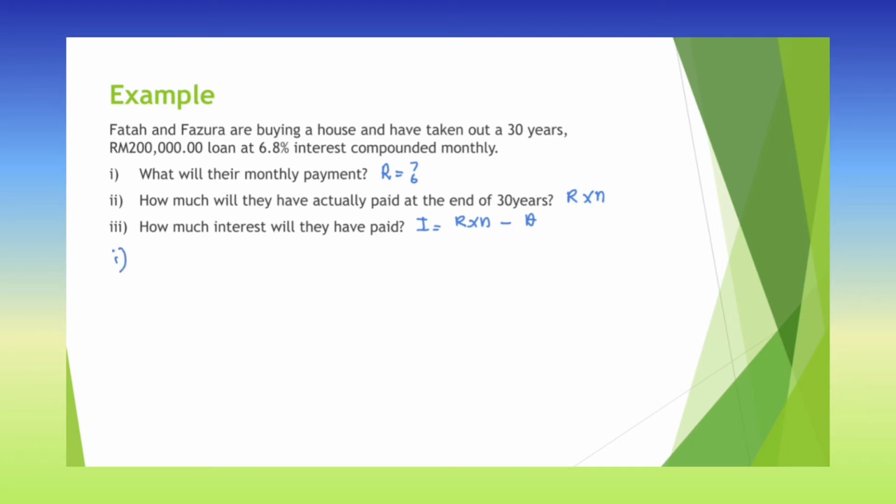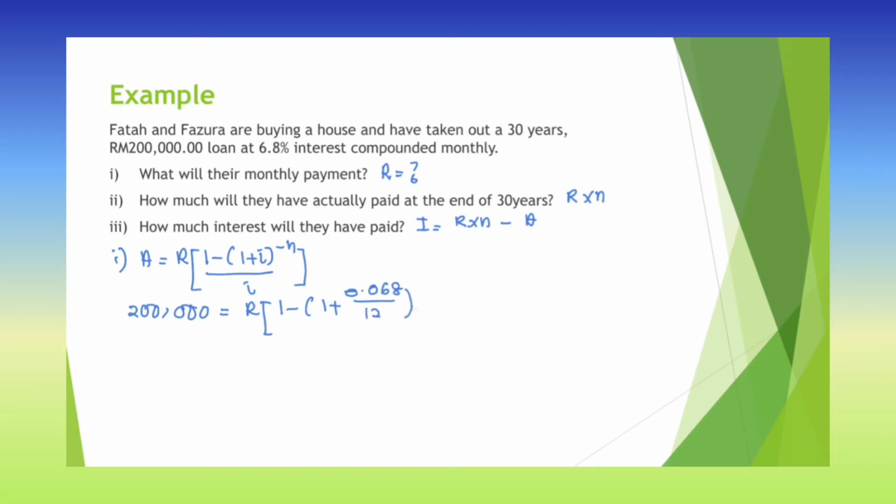Okay. So let us calculate. For question number 1, we are going to use the formula A equal to R times 1 minus 1 plus I to the power of negative N over I. So A here is 200,000 equal to R times 1 minus 1 plus 0.068 over 12 to the power of negative 360 over 0.068 over 12.